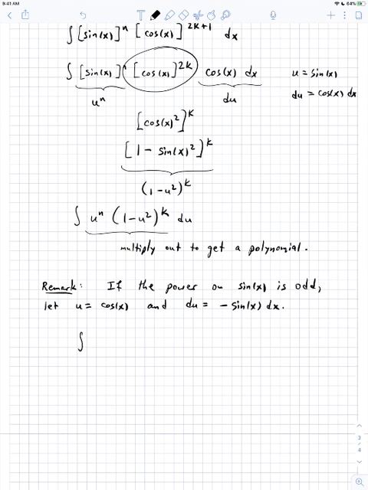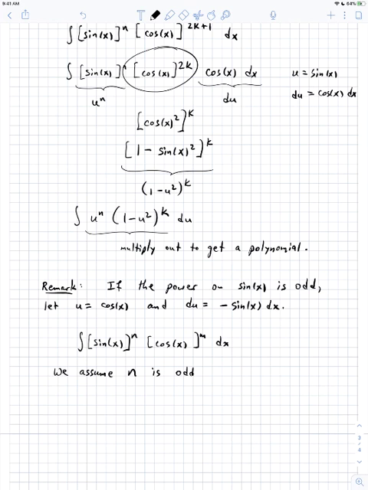So the integral of sine x to the n times cosine x to the m dx. So we're assuming that the power on sine of x is odd. So we assume n is odd. Let's just rewrite it like that.